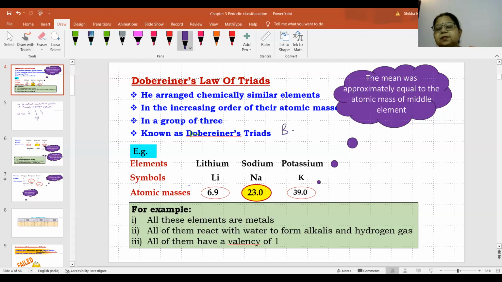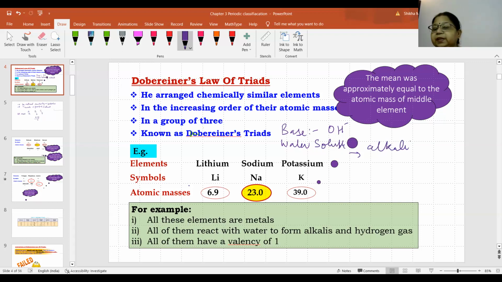So what is a base? Rather, what is an alkali? Base is defined as something which produces OH minus ion. And if it is water soluble, then it is called an alkali, right? So what do we say?